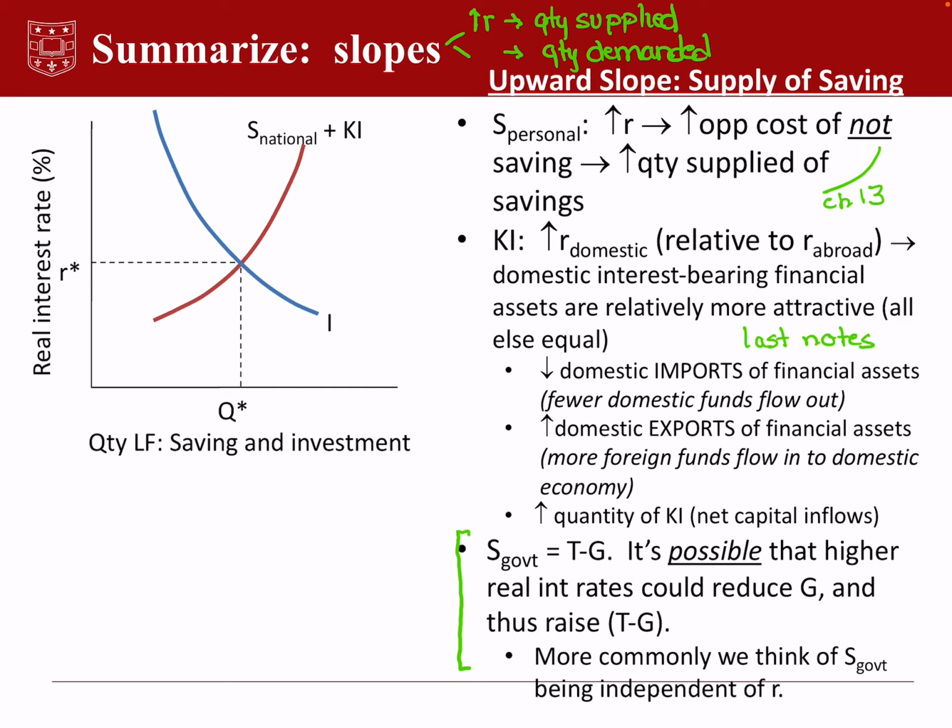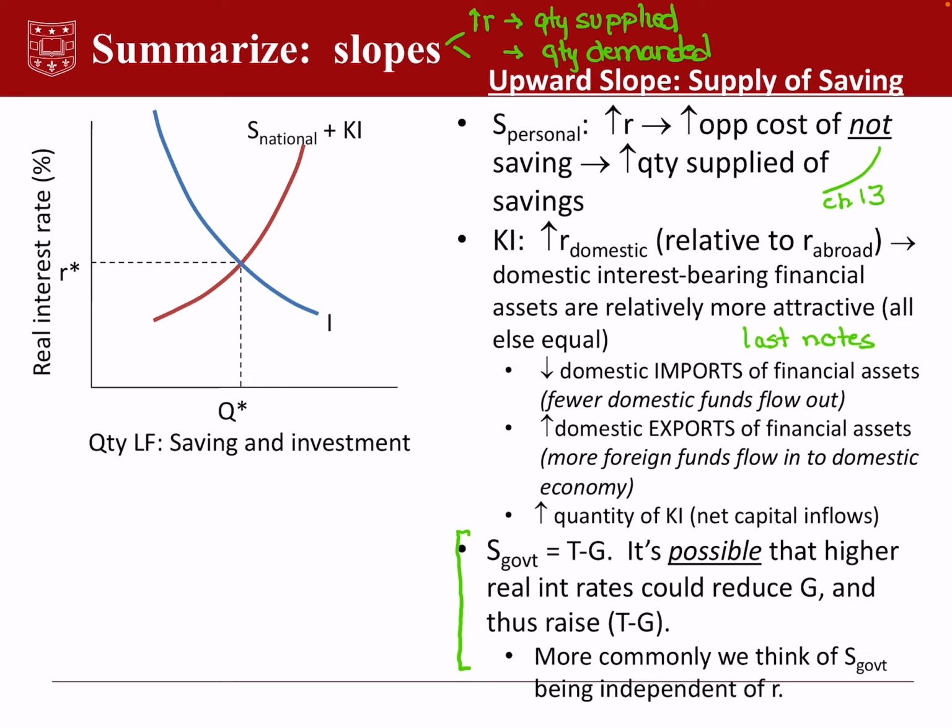It is possible that higher real interest rates could reduce government expenditures. The story provided in the textbook is that out of a certain level of tax revenue, the income that the government collects, if interest rates are higher, then interest payments that the government has to make are higher, and so that could reduce the amount of spending that happens. As a practical matter, we don't see a whole lot of empirical evidence, at least for the United States, that there's a strong relationship between real interest rates and spending.